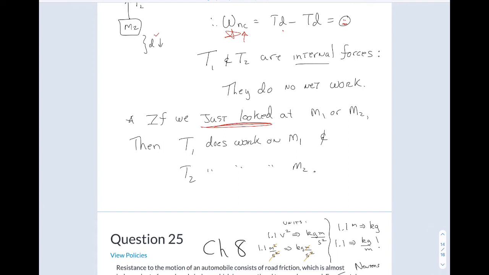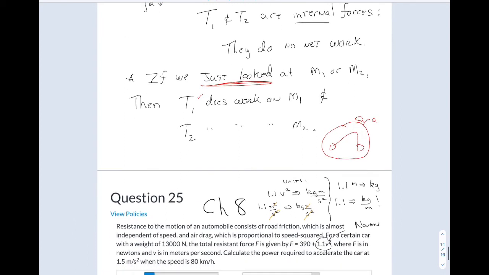Tension 2 does negative work on number 2 to prevent it from being in free fall. So energy is not conserved for mass 1, because tension 1 does work. Energy is not conserved for mass 2 because it's not in free fall; tension 2 does negative work. But if you take them as a system, those tensions are internal to the system, and energy is conserved for this system.